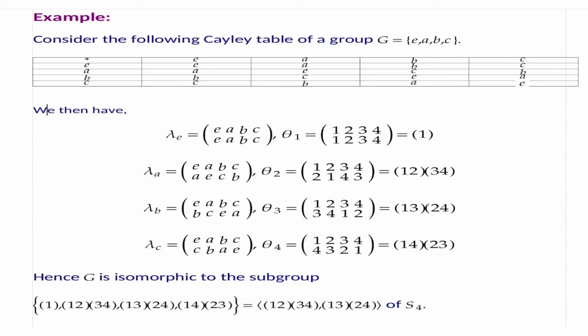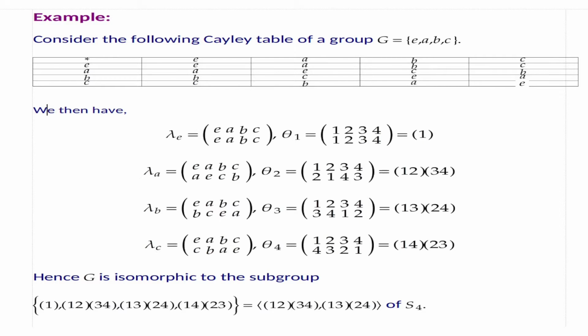Now lambda C will be E A B C going to C B A and E. So theta 4 will be 1 2 3 4 going to 4 3 2 and 1, which is represented as the product of the two cycles 1 4 and 2 3.